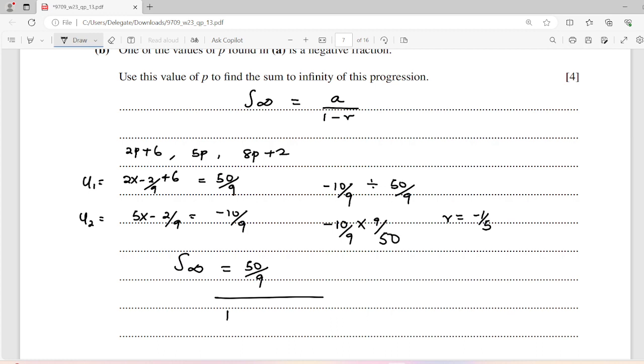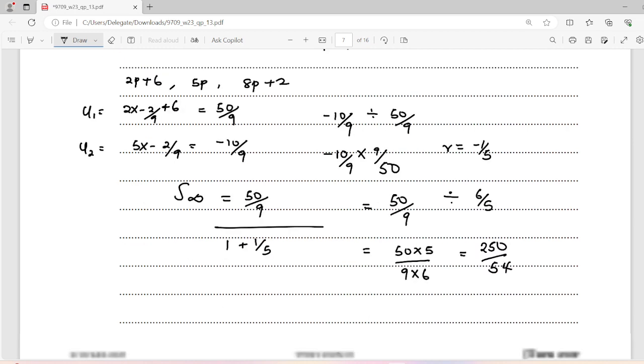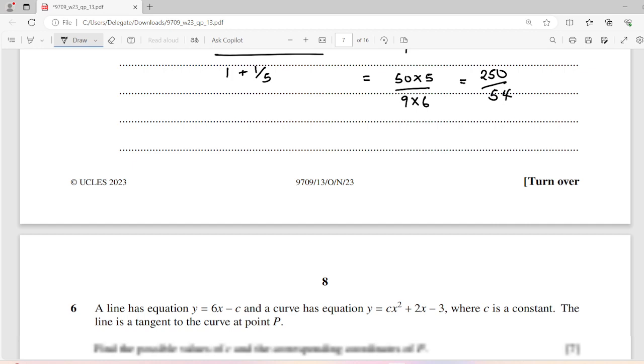This is going to be 50 out of 9 divided by 6 out of 5, and I'll end up having 50 times 5 over 9 times 6, which is 250 over 54. You can go ahead and reduce it, or you can just leave it like that, and that's the sum to infinity. Always make sure that you leave it in fractions, not in decimals, because we know sum to infinity is converging to a certain point.